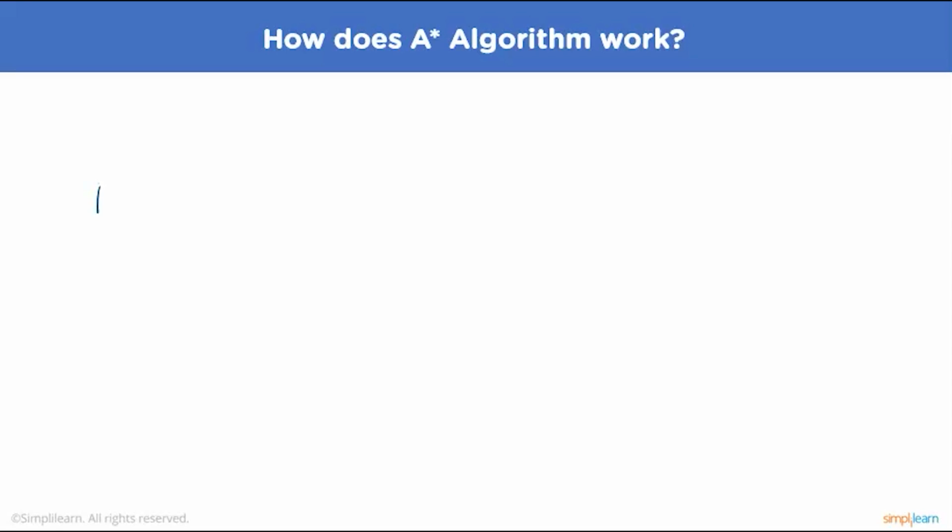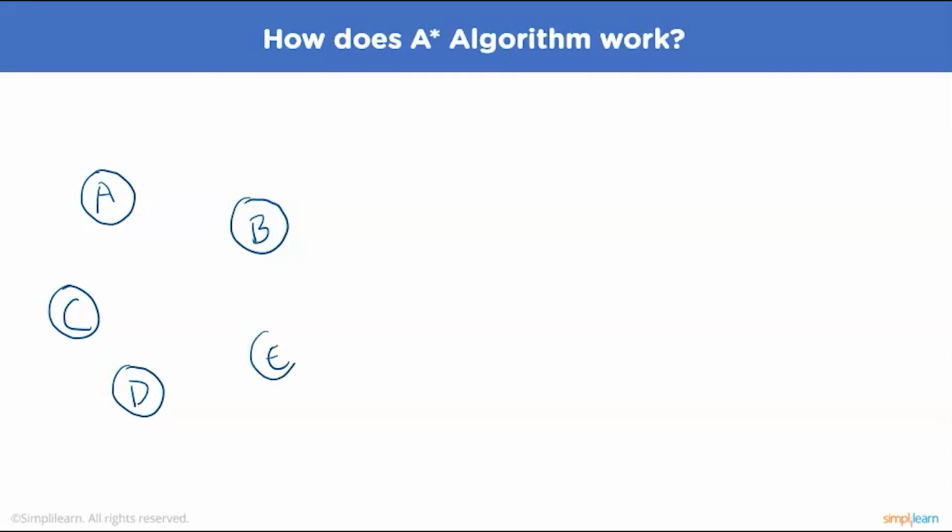So consider this to be our weighted graph. We have a node A, a node B, a node C, a node D, and a node E.